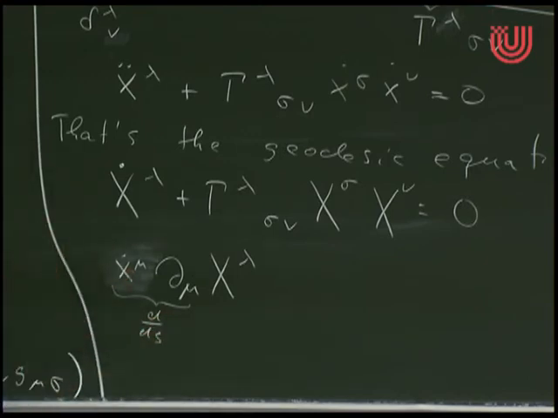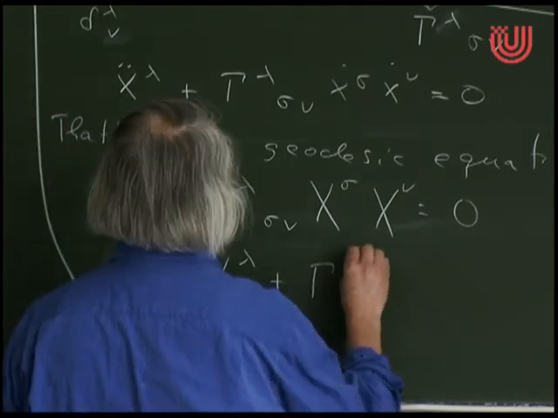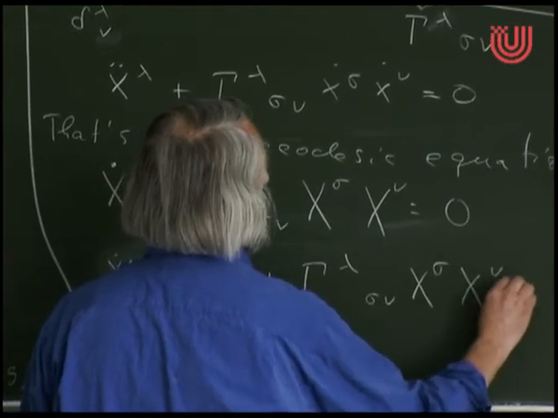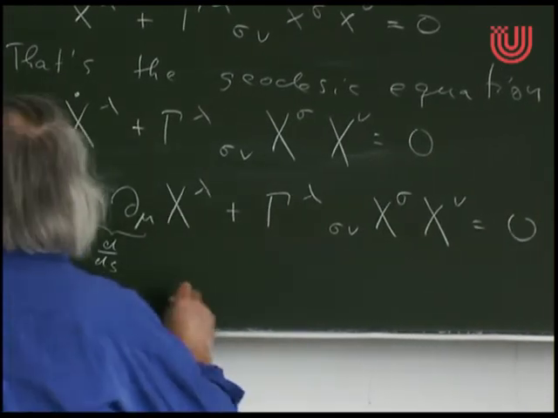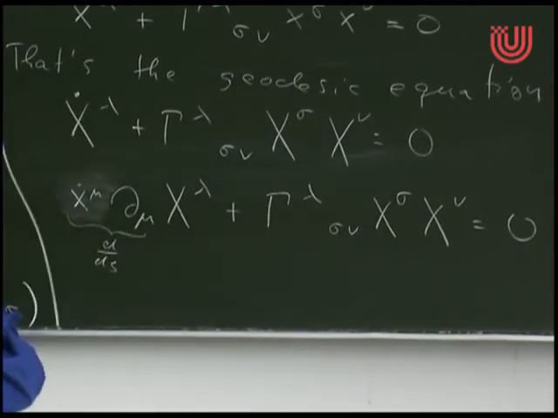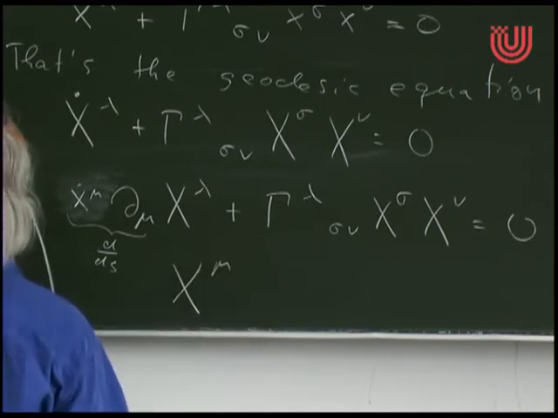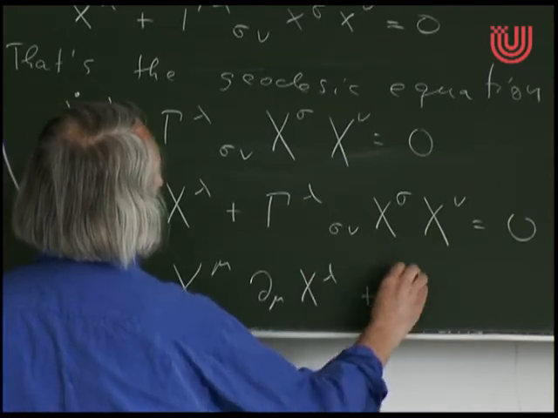And now hopefully everybody recognizes that this is parallel transport, because it says this is capital X again, right? So this is just X^μ ∂_μ X^λ plus Γ^λ.